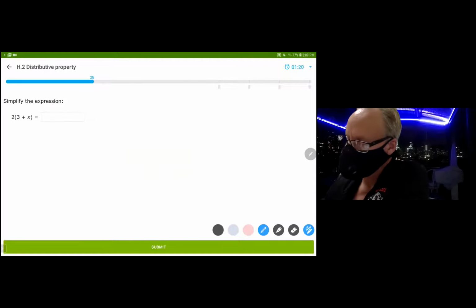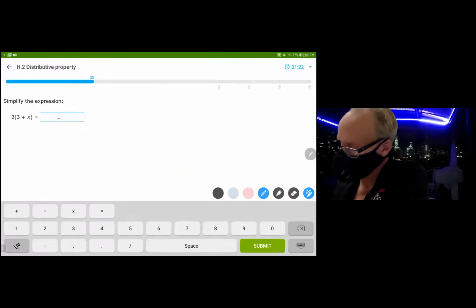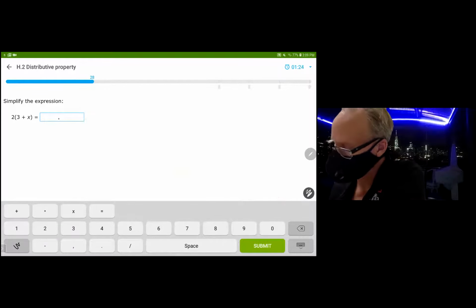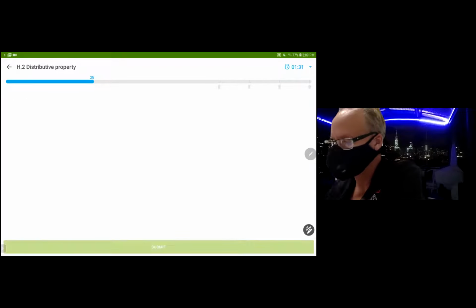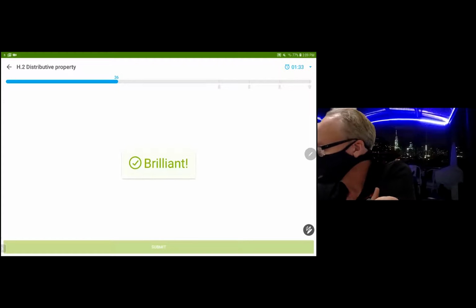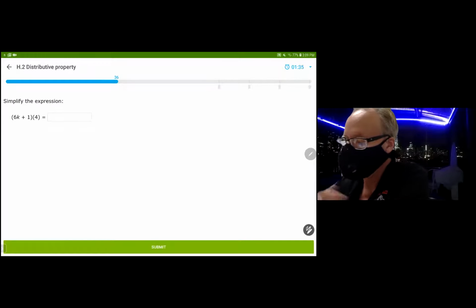This one you have to distribute. We've got 6 plus 2r. Oh, sorry, 6 plus 2x. And we're going to distribute the 4. Now it can be distributed from either side.